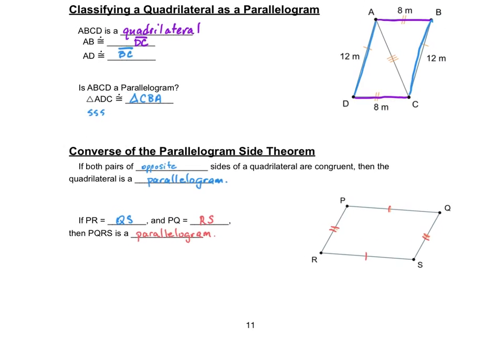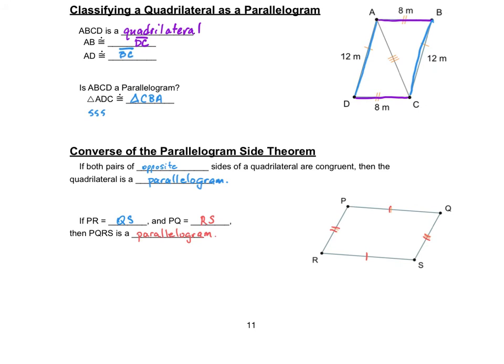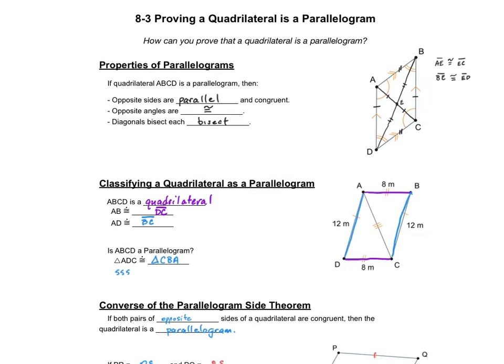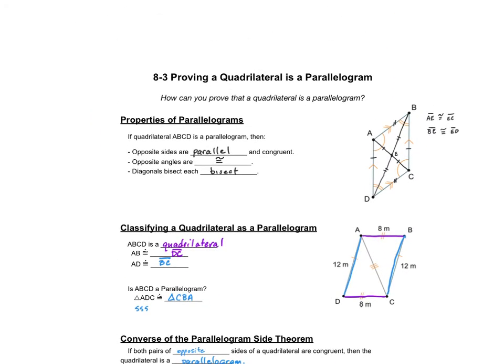There we go, using those properties and identifying those properties to understand what we have. And we just want to remember, how can you prove that a quadrilateral is a parallelogram? Well, we're going to take those properties and apply the converse to that, which allows us to bring that all together and prove that a quadrilateral is a parallelogram.